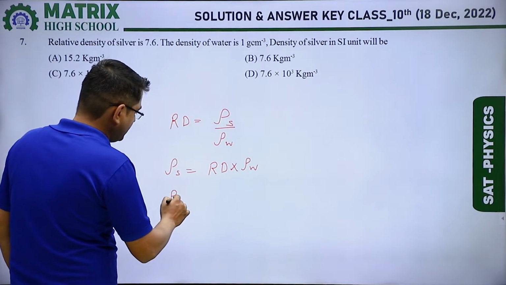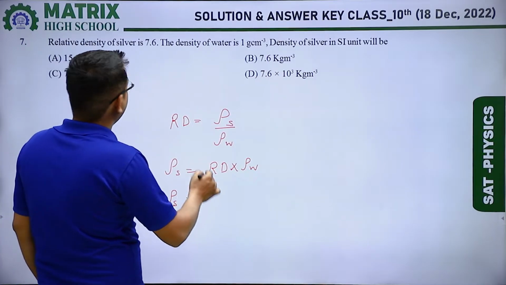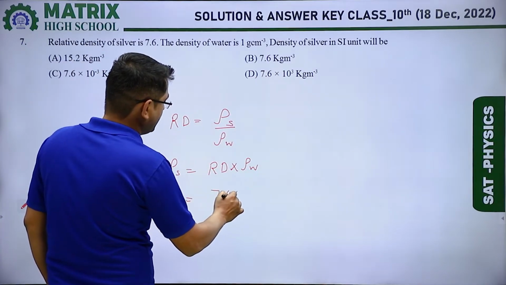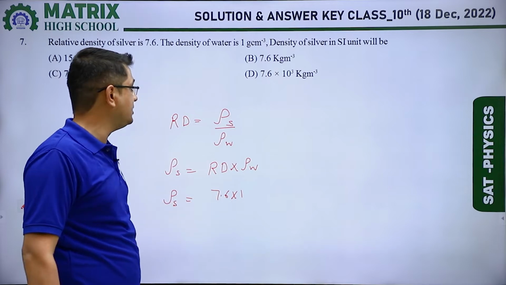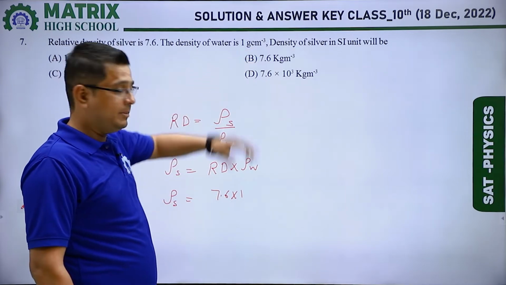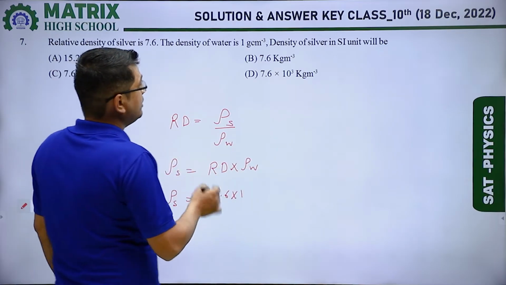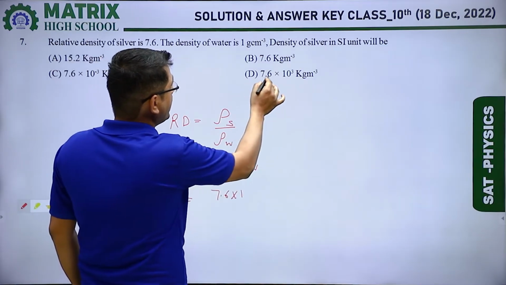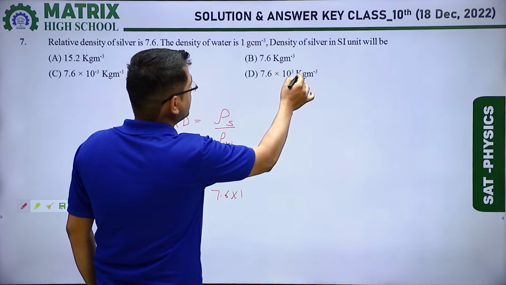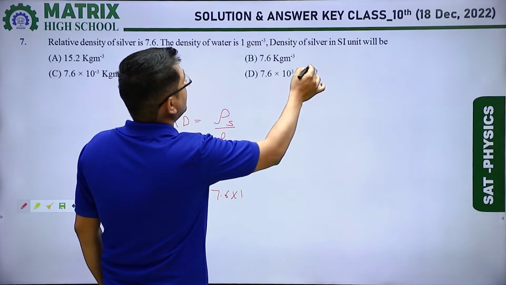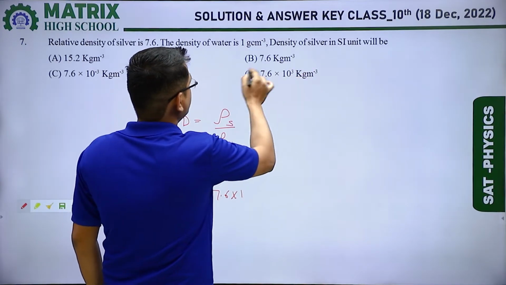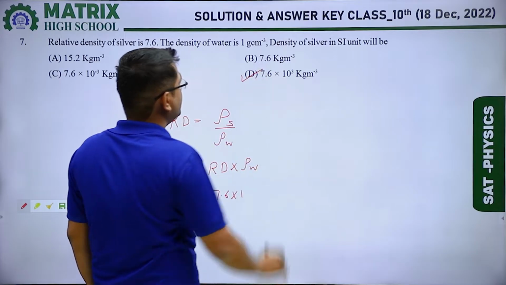When we find the value by calculation, it will become 7.6 multiplied by 1. But this answer is in gram per centimeter cube. When we convert it into SI system, the answer will become 7.6 multiplied by 10 to the power 3 kg per meter cube. So the correct answer will be option D.